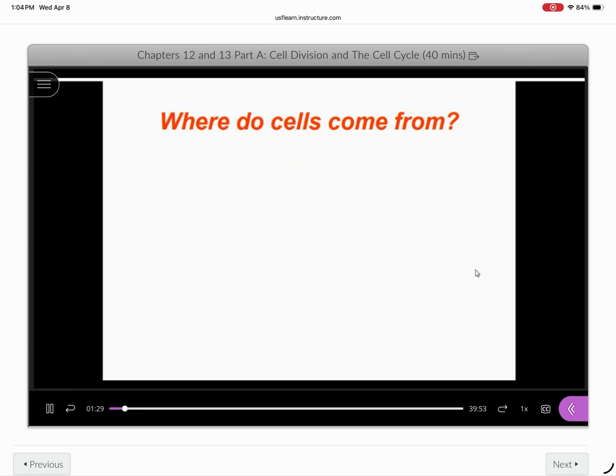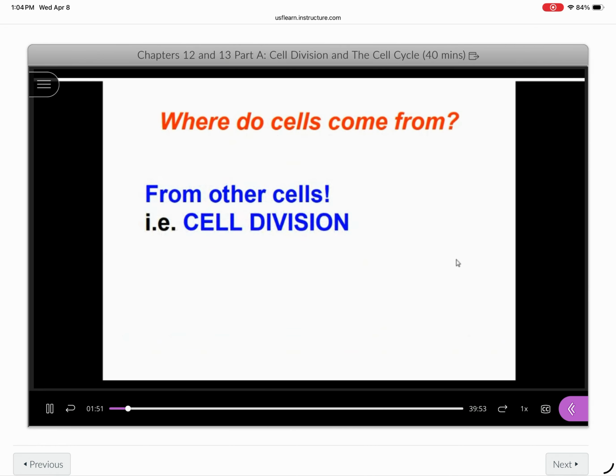We'll begin with this question: where do cells come from? Well, if you said other cells, then that would be a good answer. In our contemporary world, cells will only come from other cells.